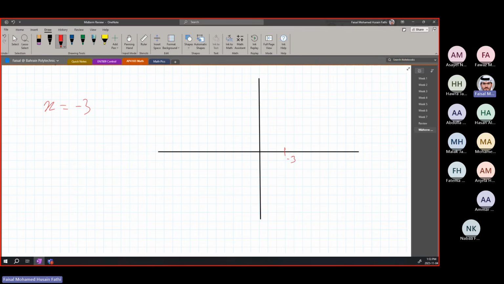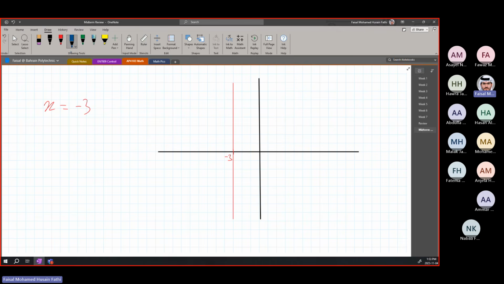Minus is going to be the other side. So this is -3, and you will draw a vertical straight line through -3. That's what x equal -3 as a line looks like.